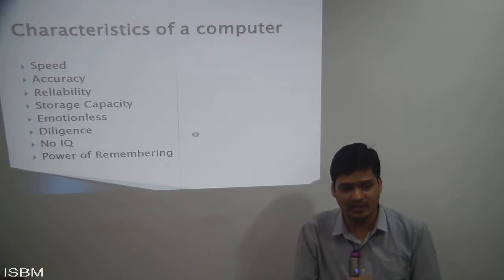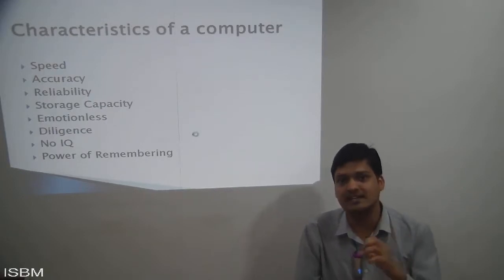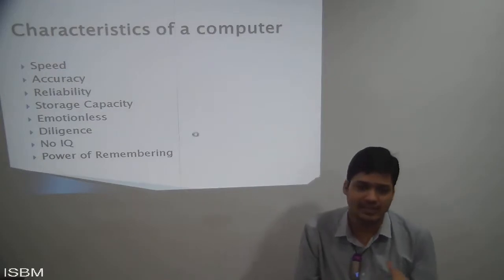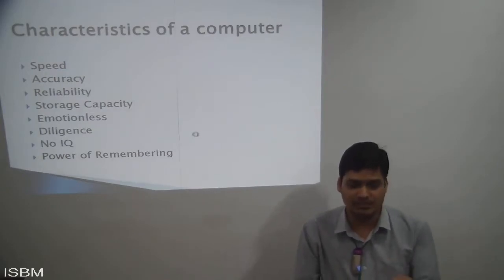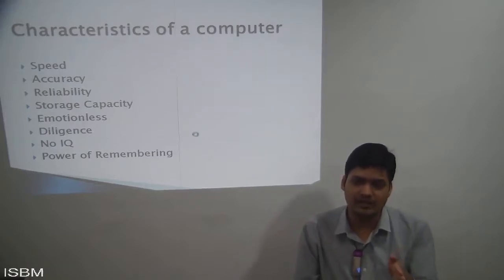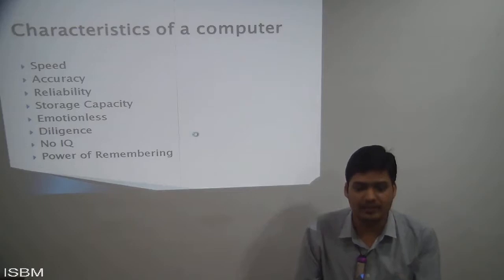Just like the first characteristic of the computer: speed. What exactly is the speed of the computer? A human being has a speed while running, everyone has a speed. Basically, the computer has a speed, and because of that speed we are getting the benefit from the system.